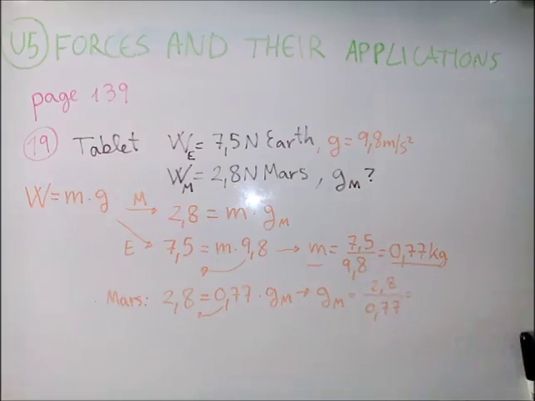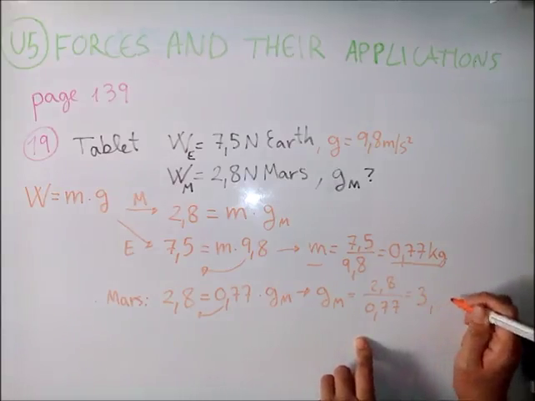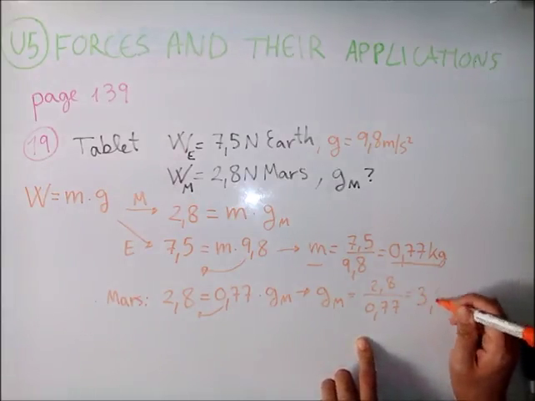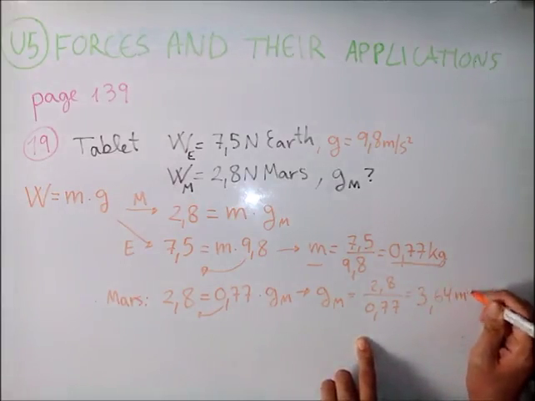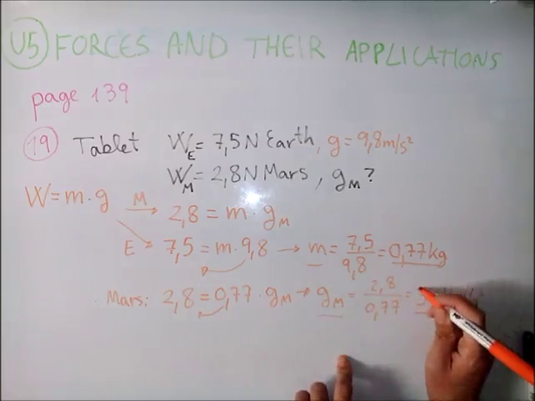So let's see how much is this. 2.8 divided by 0.77. So I obtain 3.64 meters per second square.